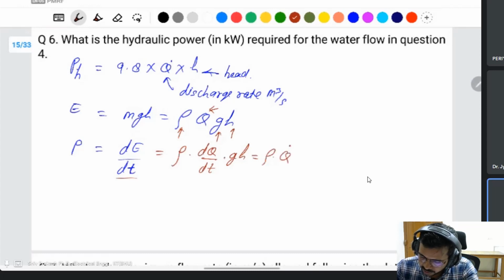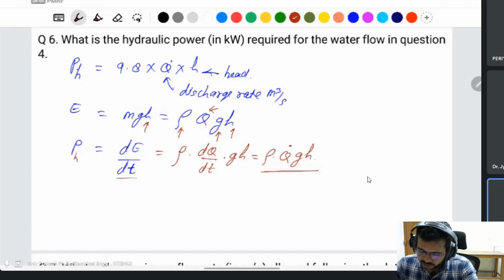That is why it is replaced by Q dot into gh. This is the hydraulic power. Simply from the energy, the power is rho Q dot g h.